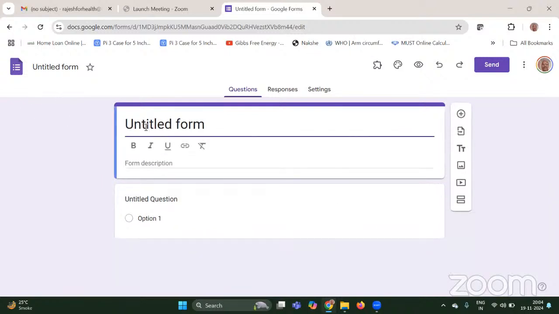So first, the form. Suppose I want to make a form to check the happiness of the people of the community.